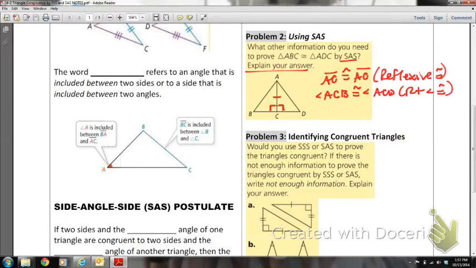So the other piece of information that we have to have in order to prove that these two triangles are congruent by side angle side is we have to have side BC congruent to side CD, because that would give you the sides that include the angle that's congruent.